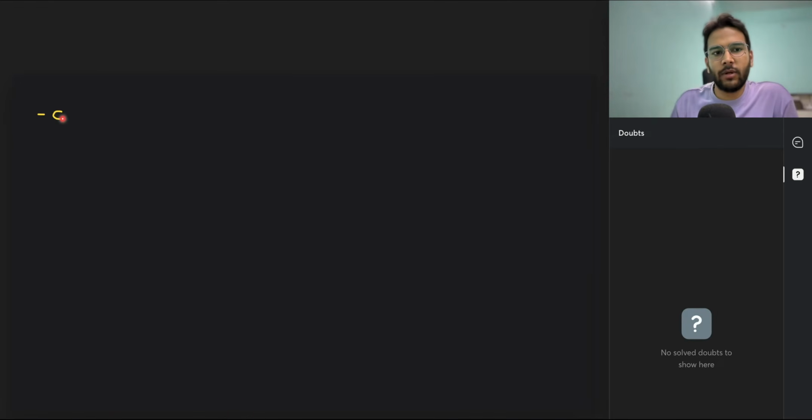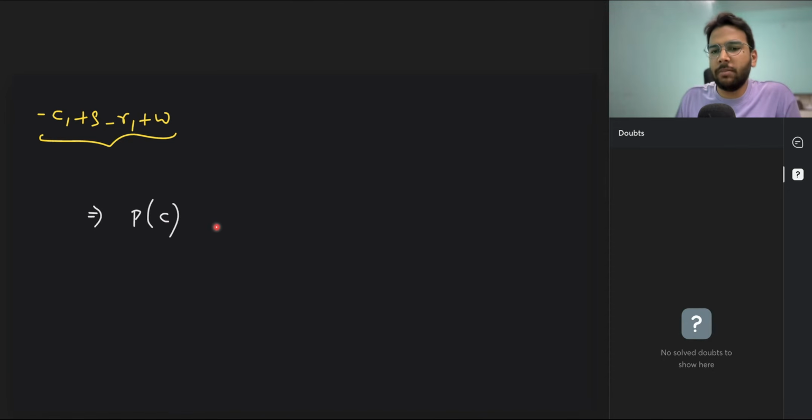Let's say this is the sample point plus S minus R plus W. So we know the joint distribution can be written so that the probability of C will be 1 only, because there is no evidence involved in it. In other words, you can say the initial weight is 1. So for this, it is 1.